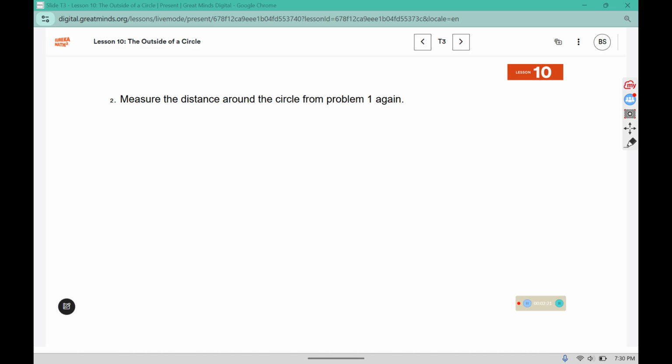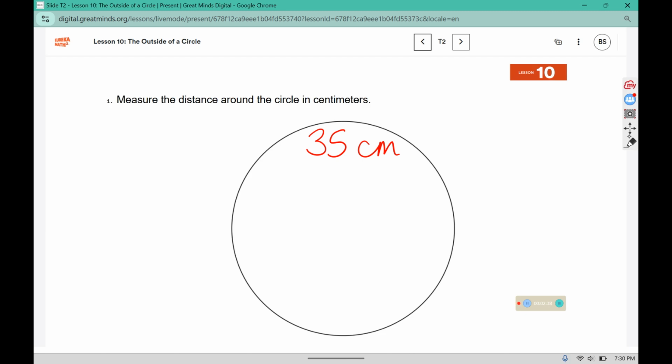So now using the string, you should end up with an estimation that's about 35 centimeters. And it's okay if it's not perfect because we're using a strategy that isn't ideal for this situation. For example, it might be difficult to hold that string in place around the edge of the circle if you're working by yourself.